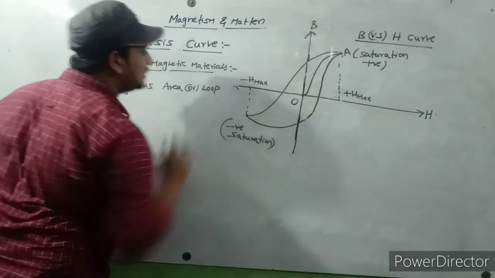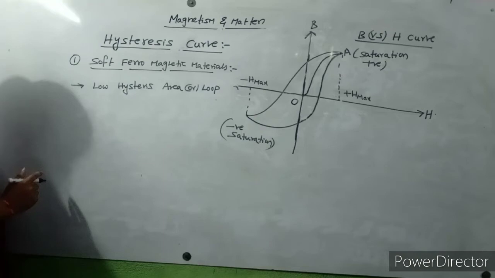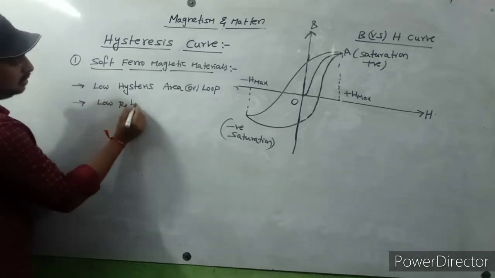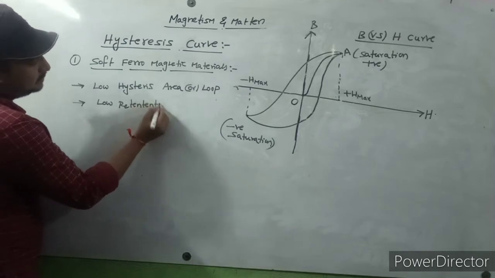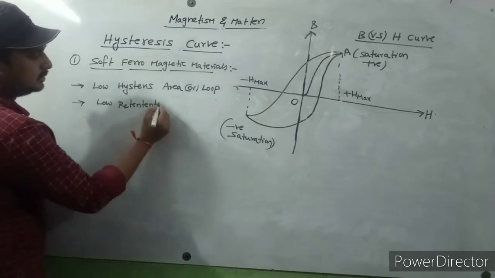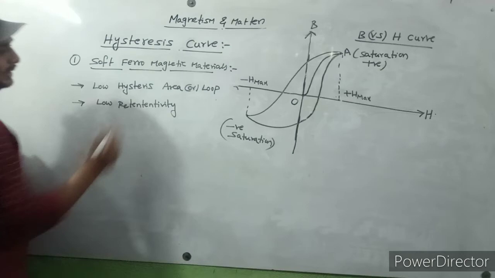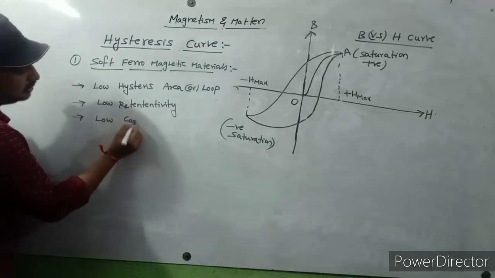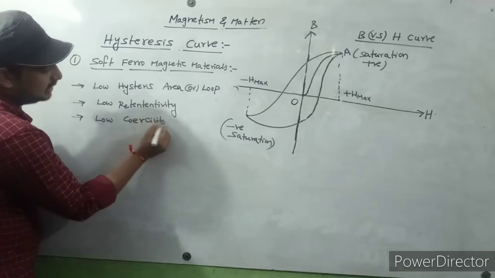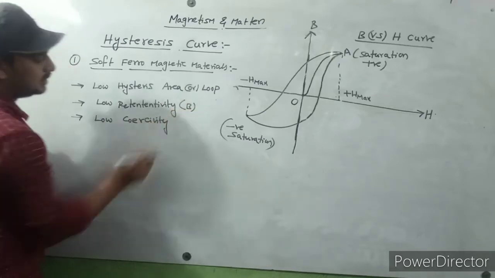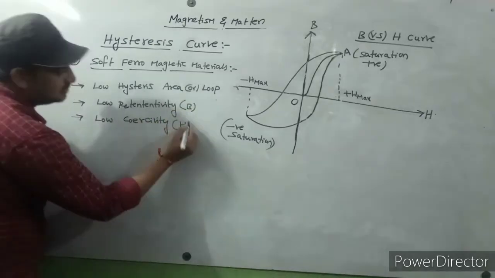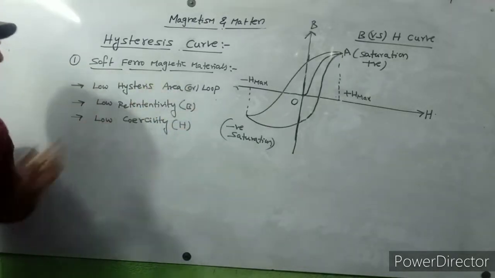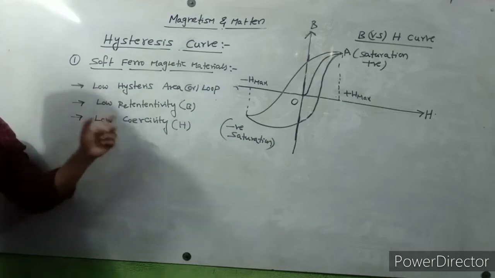This area is less for soft ferromagnetic materials, and low retentivity. Next, low coercivity. Generally, retentivity is indicated with B, coercivity is indicated with H. So low hysteresis area or loop, low retentivity, low coercivity.